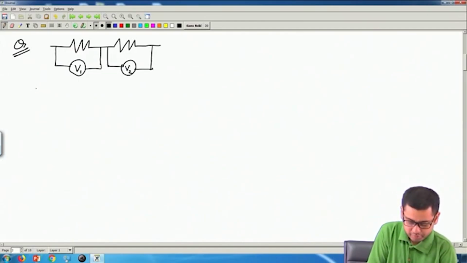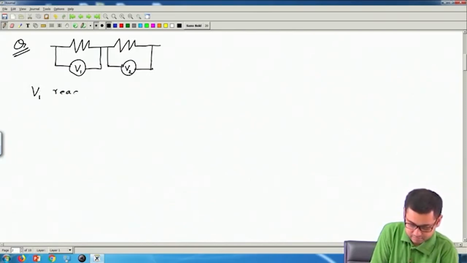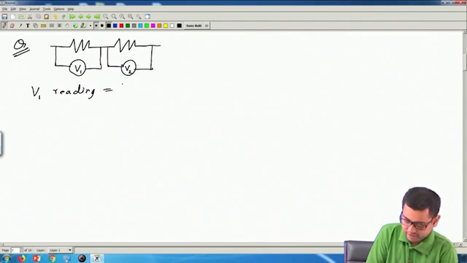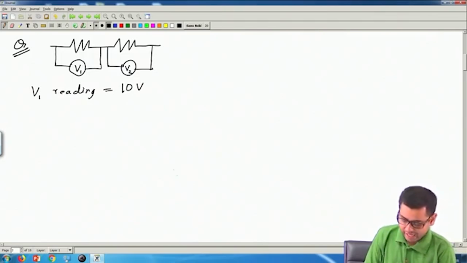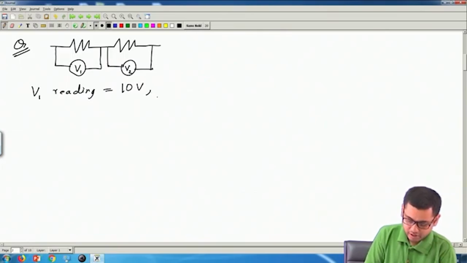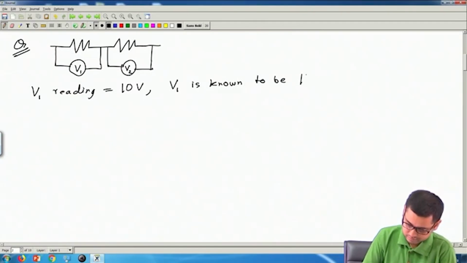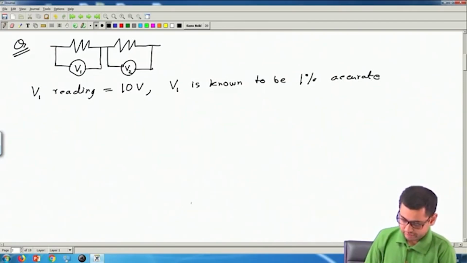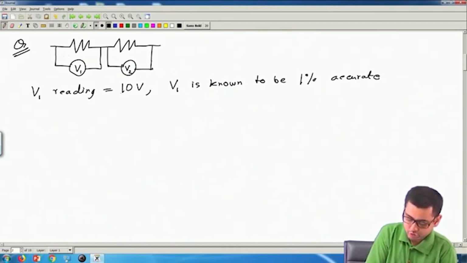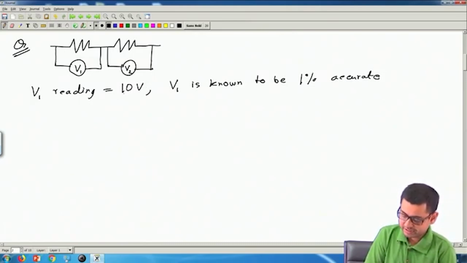Now voltmeter V1 reading is say 10 volt, and we know that V1 is 1% accurate, which means the true value of the voltage can be 10 volt plus minus 1%, that is, plus minus 0.1 volt.